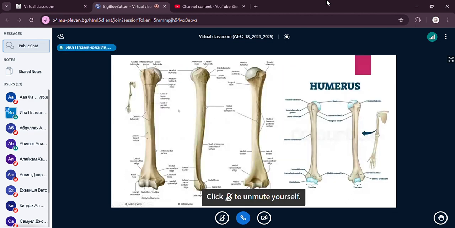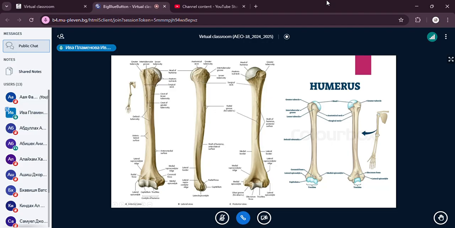You can see here, again, that's the head with the anatomical neck. Here you can see greater tuberosity, lesser tuberosity with intertubercular groove. This is crista tuberculi majoris humeri, or crest of greater tuberosity.